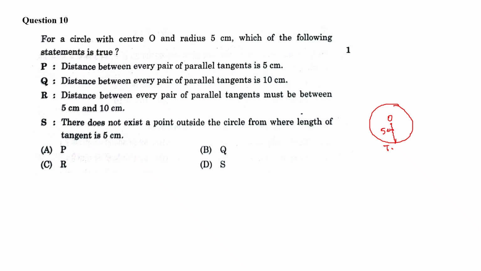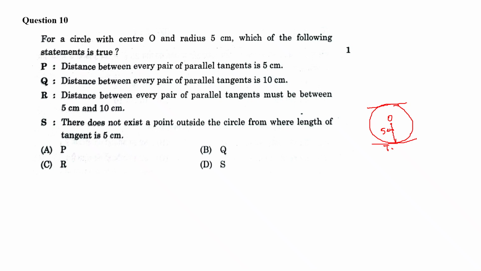Option A: distance between every pair of parallel tangents is 5 centimeter. No, it won't be 5, it will be 10. Parallel tangent means one I can draw here, one I can draw here.